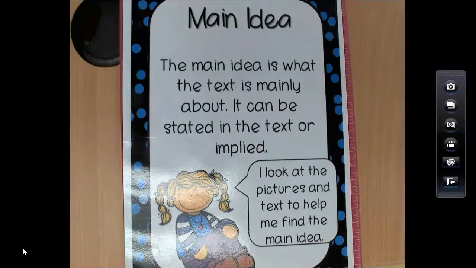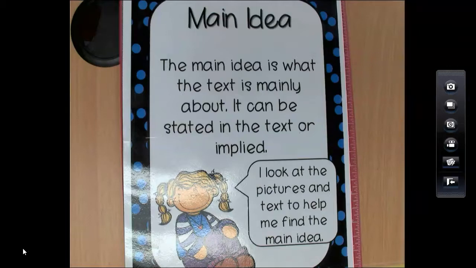Okay, so today we are learning a new target skill. The target skill that you're going to be learning this week is called main idea and details. Now, I find this target skill to be a little bit more difficult than some of the other ones that we have already learned.